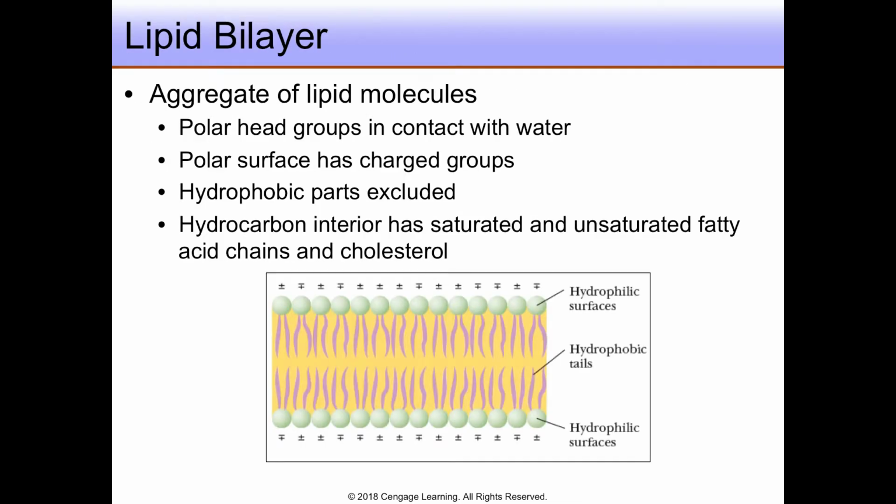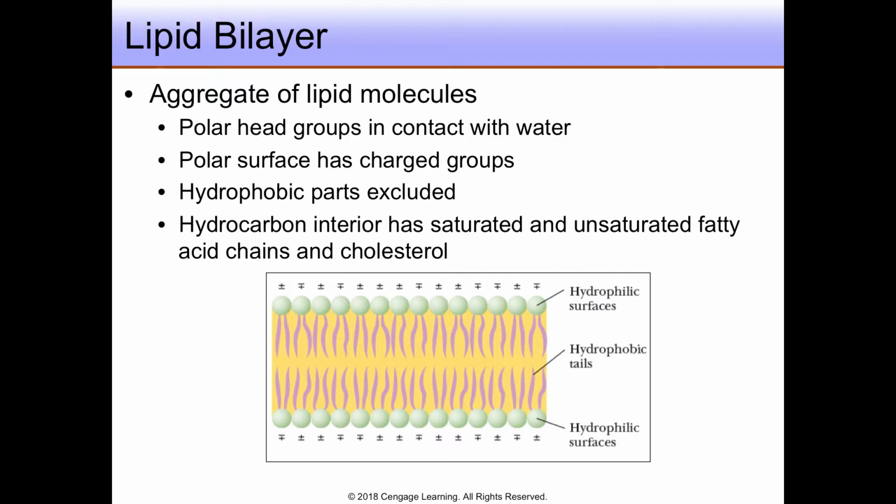The lipid bilayer is an aggregation of lipid molecules that associate in such a way as to minimize the ordering of water molecules. The bilayer consists of two monolayers of lipids with their polar head groups associated and facing the aqueous environment within and outside the cell.